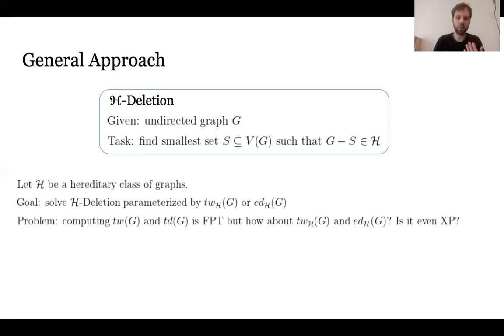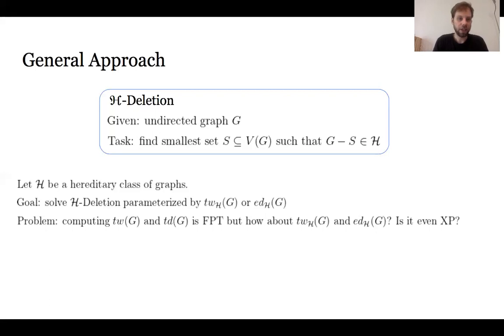We would like, when the graph has small H triwidth, for example, we would like to be able to compute some 3H decomposition to be able to run the dynamic programming routine. So while computing triwidth or 3-depths is FPT, it is unclear for some class H whether computing H triwidth is even XP.